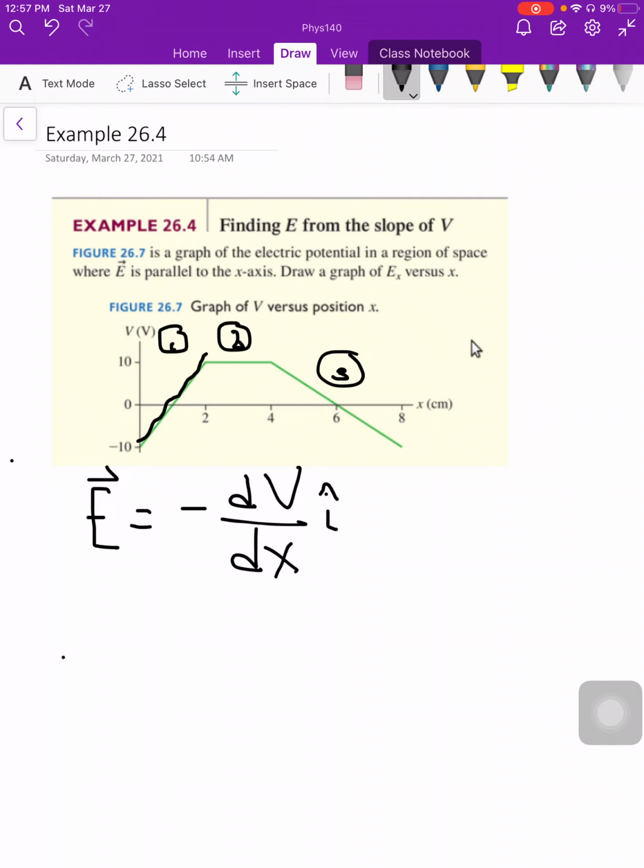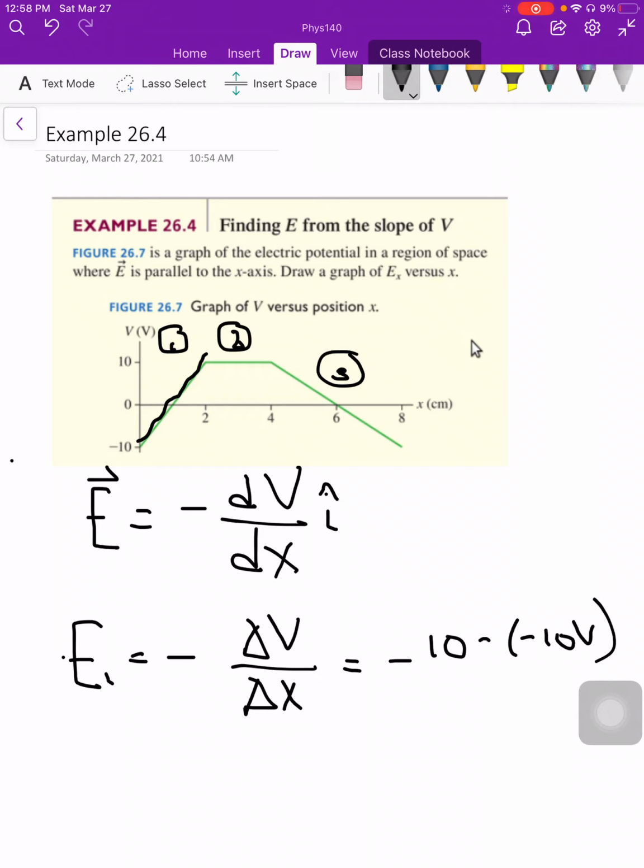Okay, so E1 is equal to a negative of, let's say this is negative delta V over delta X, since it's linear. So that's going to equal a negative 10 volts minus a negative 10 volts, all over 0.02 meters.